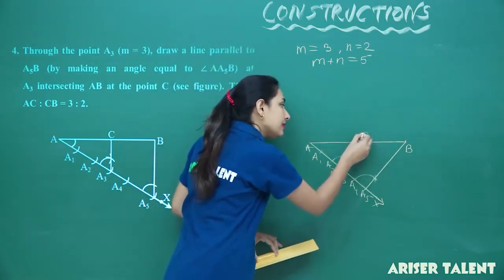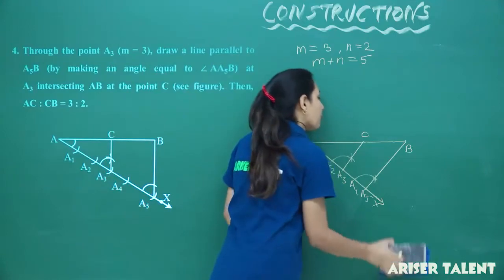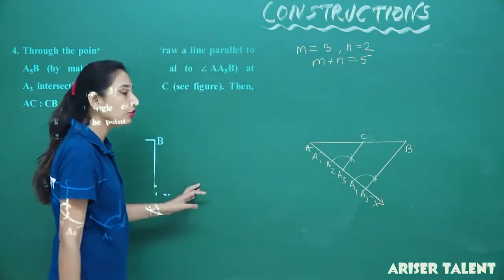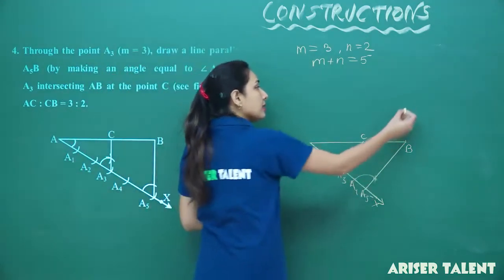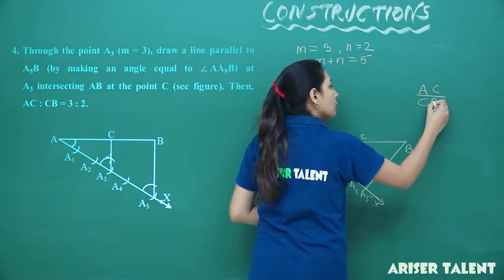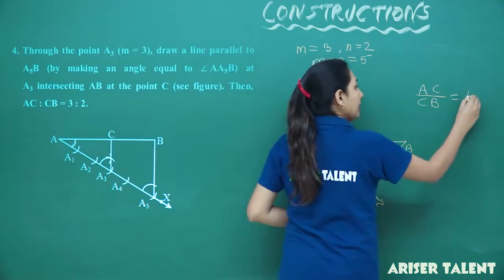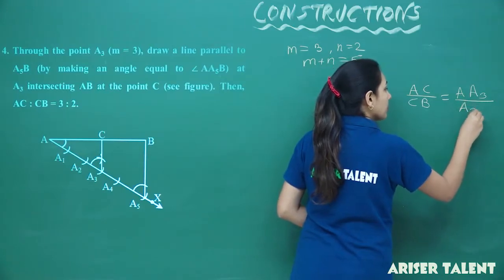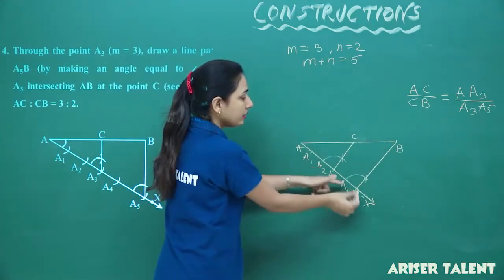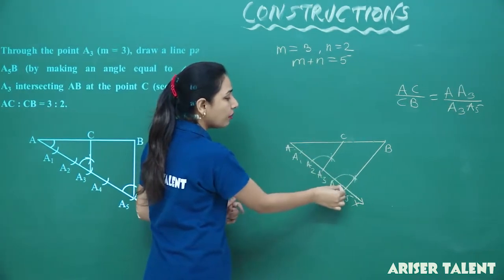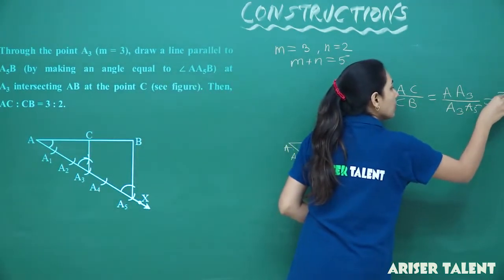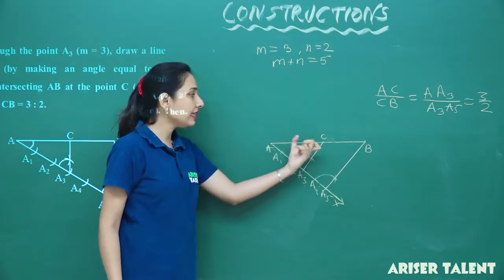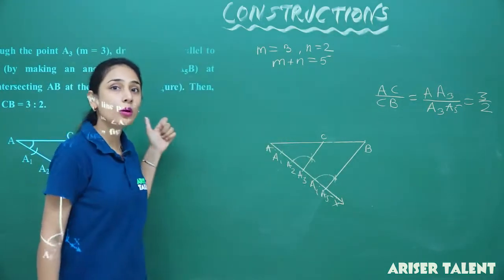Now name this point C. As instructed, name this point C. You can give that point any name like P, Q, but we are choosing C. So now AC by CB will be equal to what? This AA3 by A3A5. Now this is 2 parts, this is 3 parts, 1, 2, 3 parts, and this is 2 parts, so that will be 3 by 2. So here your line AB is cut into 2 parts, AC and CB, such that AC ratio CB equals 3 by 2. So the given problem is solved now.